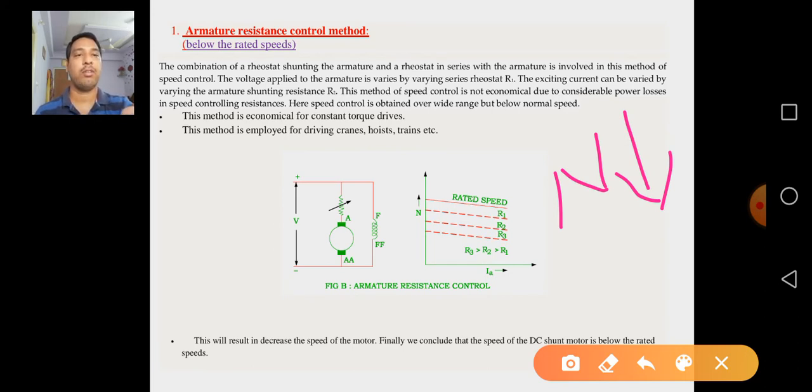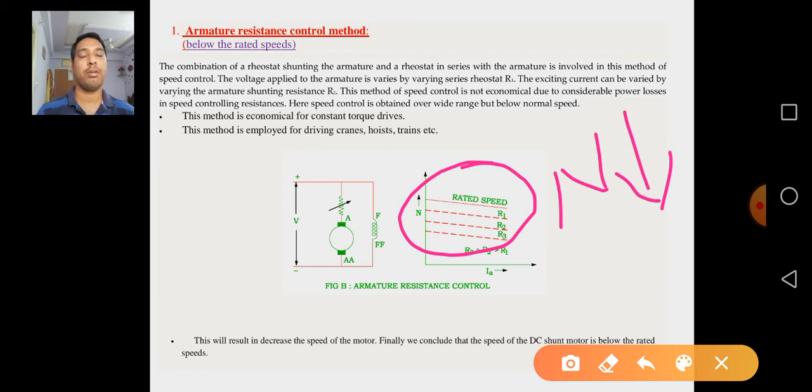So as the value of resistance goes on increasing, your speed values are going to decrease. So by using the armature resistance control method, we can get below the rated speeds.